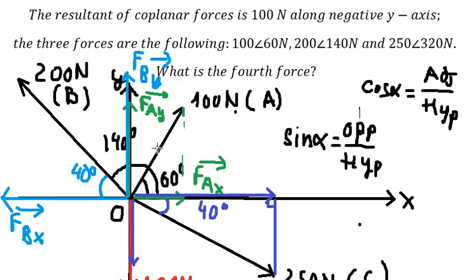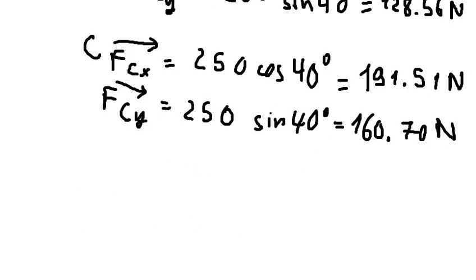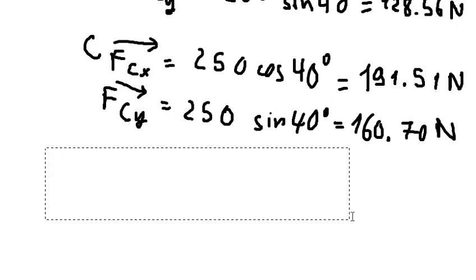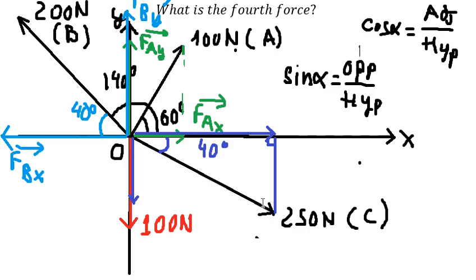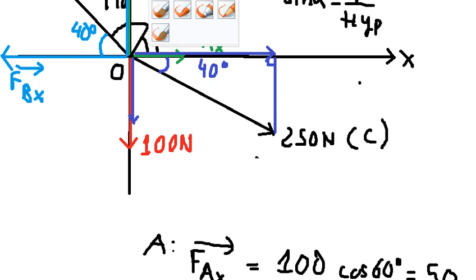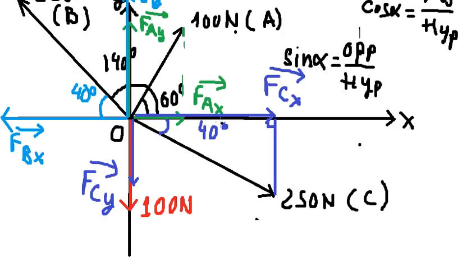Now, we need to find the resultant on x-axis of three vectors. So we can see that FAS, FCS, they have the same direction, but FBS is on the opposite.